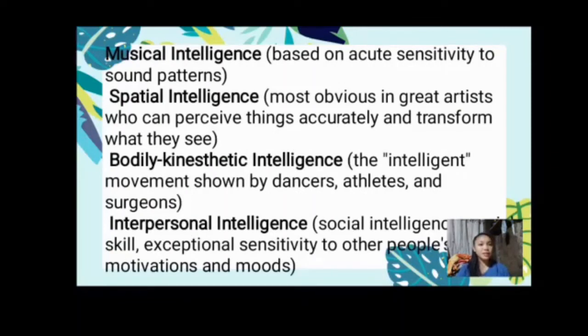Musical intelligence, based on acute sensitivity to sound patterns. Spatial intelligence, most useful in great artists who can perceive things accurately and transform what they see. Bodily-kinesthetic intelligence, the intelligence of movement shown by dancers, athletes, and surgeons.